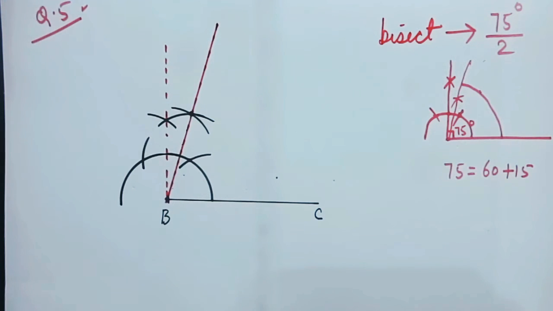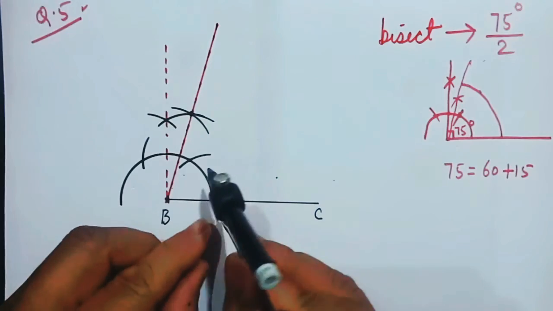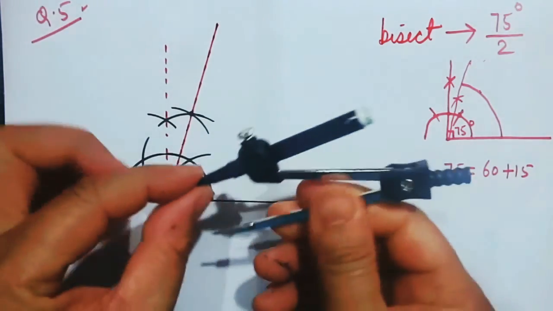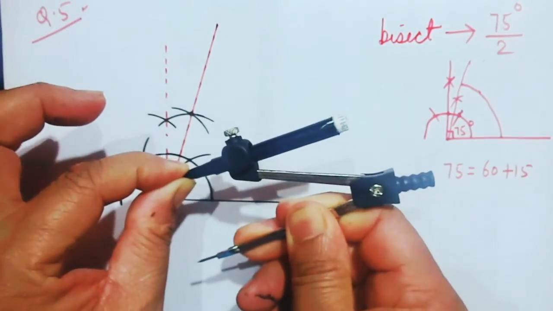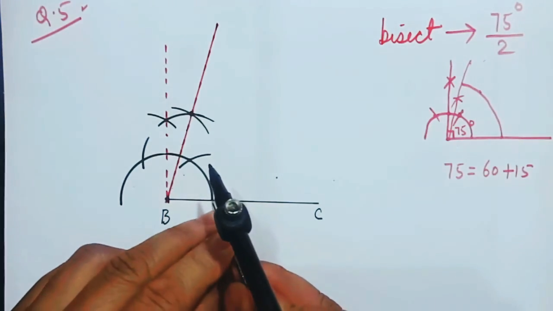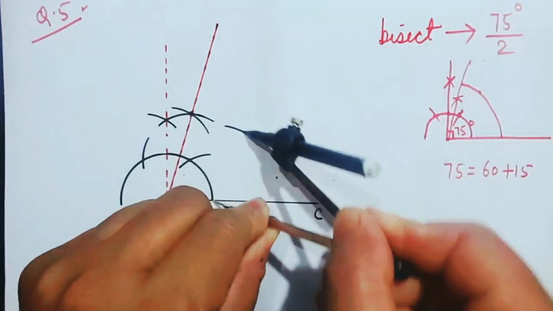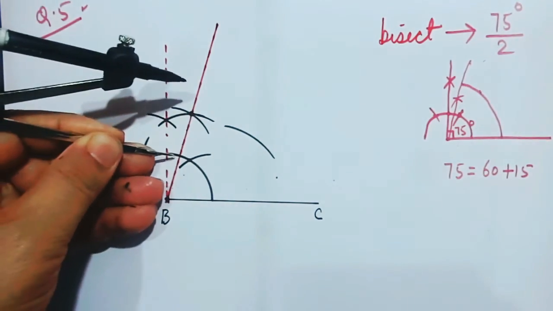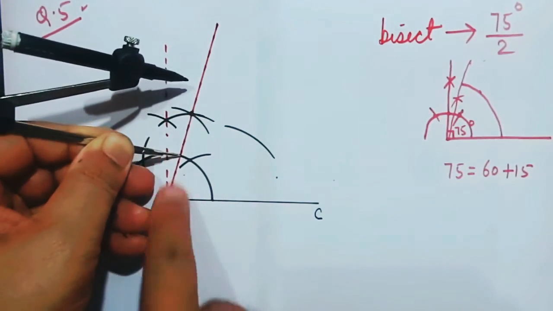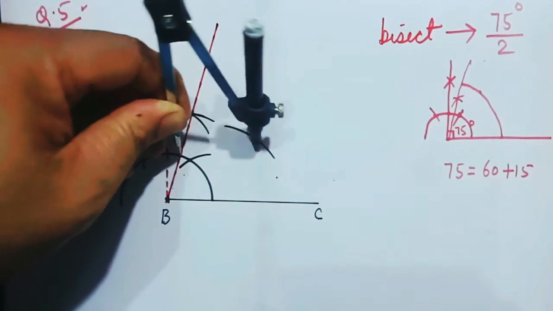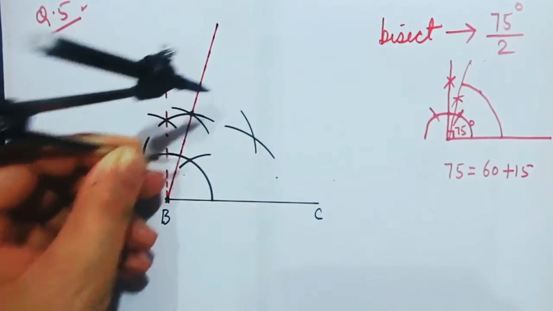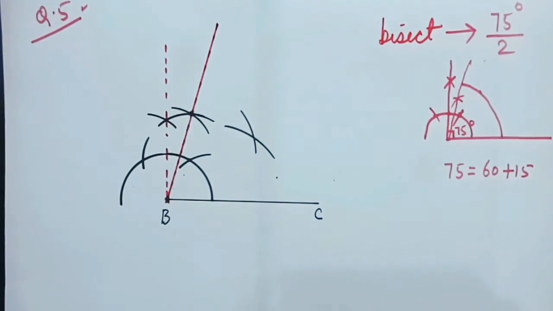Therefore, I will be taking my compass again, and then you can extend this. So let me extend this little. Putting the pointer over here and putting the pointer over here at this point 75 degree, give a cut mark. After that, you know what to do.